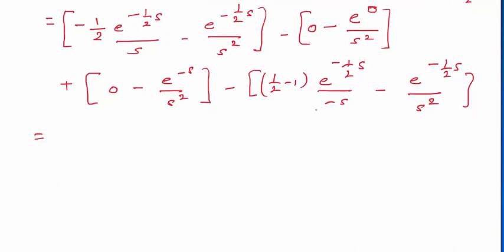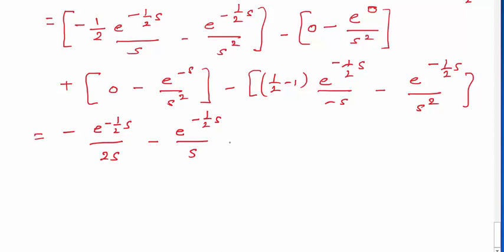first I will write all the terms which have e raised to minus half and denominator as s. S or minus s is one and the same thing. So I have the first term in the beginning, so I will write this as minus e raised to minus half s upon 2s. Then I have this term. When I open the bracket, this will be minus half, and this minus minus minus is plus, and again I have minus, so I will write minus e raised to minus half s upon s.